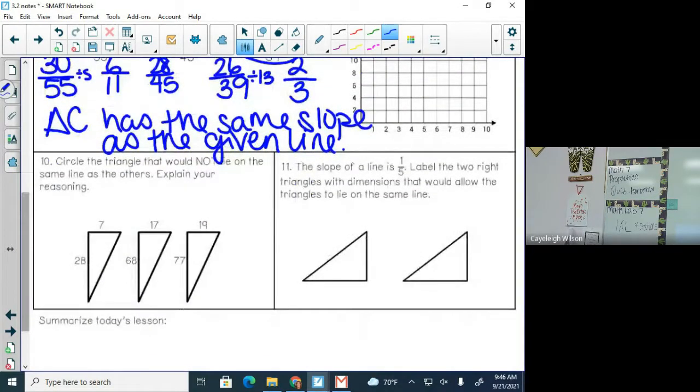All right, let's look at number 10. It says circle the triangle that would not lie on the same line as the others. So it wants to know which one has a different slope than the other two. So let's all find the slopes quietly.